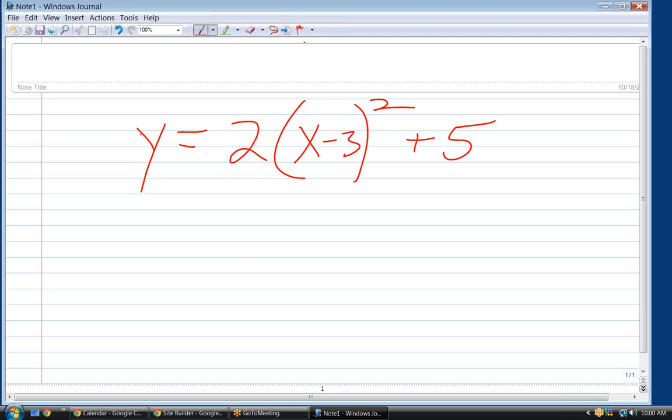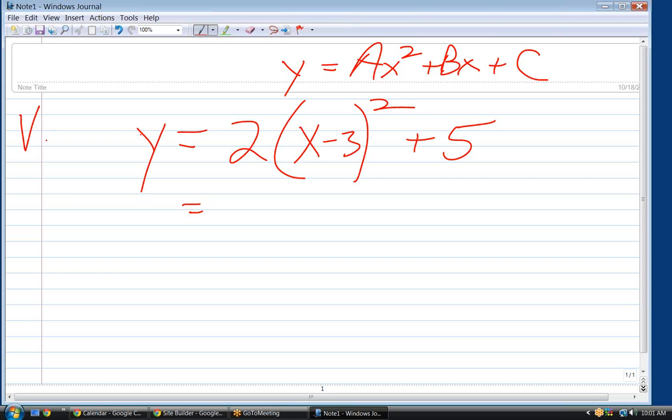Standard form is ax squared plus bx plus c, talking about a quadratic. Standard form is y equals ax squared plus bx plus c, right? Yeah. So let's just expand this and simplify it, and then we'll be able to sort it into that standard form.